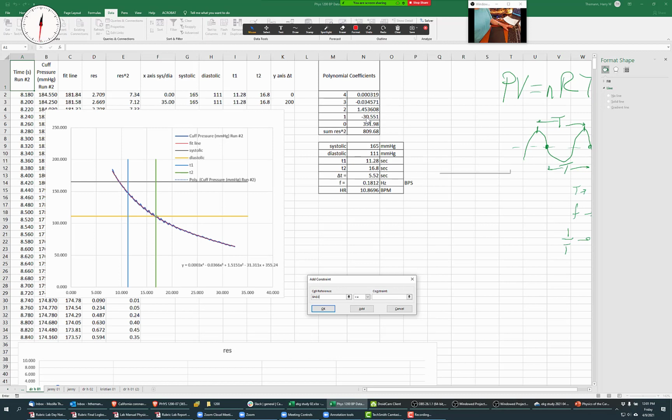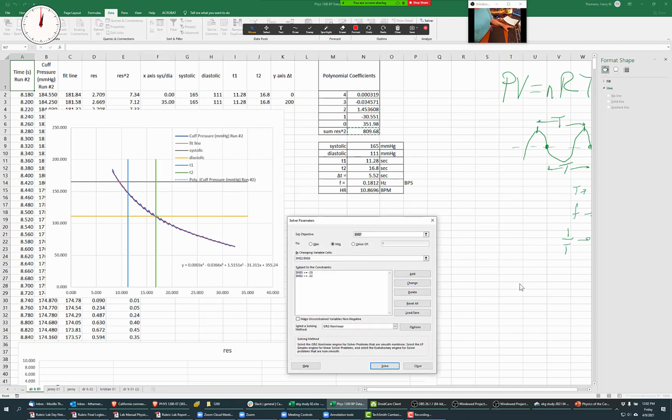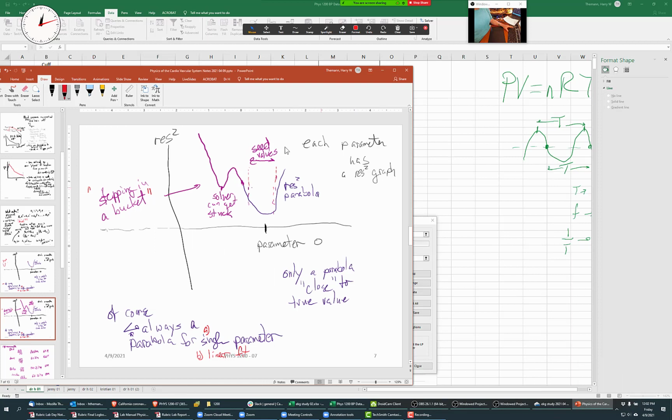So we can say that parameter 1 has to be greater than or equal to negative 31, or maybe negative 32. And it also has to be less than or equal to negative 28, for example. And there's our two constraints. So that is a rigid limit that we can put on it.